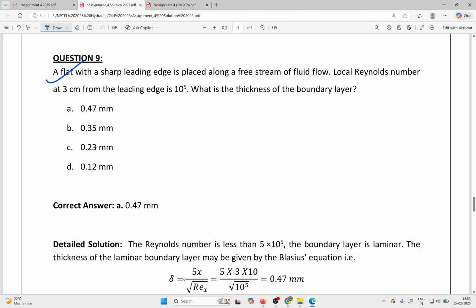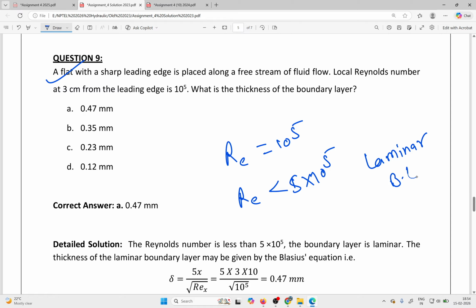But how? You know, the Reynolds number at the leading edge is equal to 10 raised to 5. When the Reynolds number is less than 5 into 10 raised to 5, then it is a laminar boundary layer.